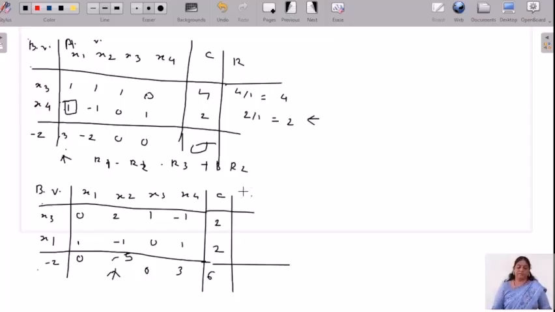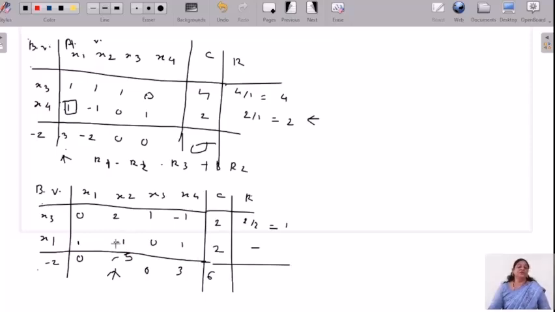Ratio is 2 upon 2 is 1. But we have seen in the procedure that the aij must be positive, but here it is negative.